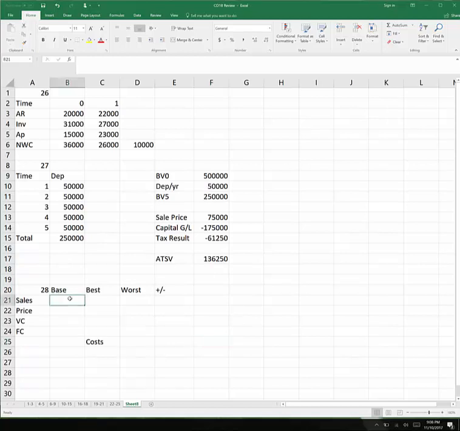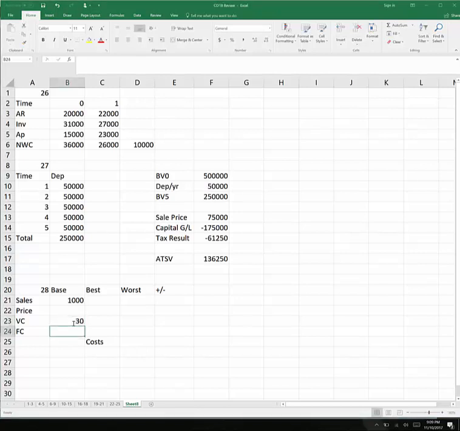So last is 28. We have sales units of 1,000 for our base. Actually, we don't need to worry about price because we're talking about best case, worst case cost. Variable cost of 30, that's our base.